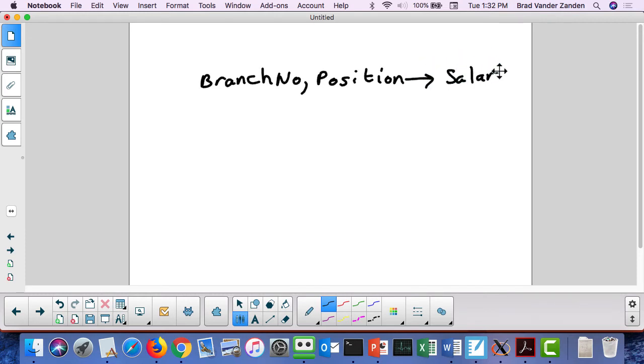So that's not a primary key, right? Branch number and position is not a primary key for that staff-branch relation. But what I'm saying when I say this is a functional dependency is that a branch number and a position uniquely determines a salary.